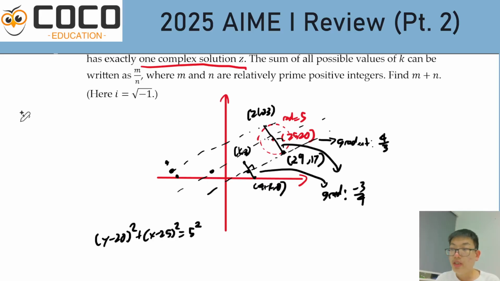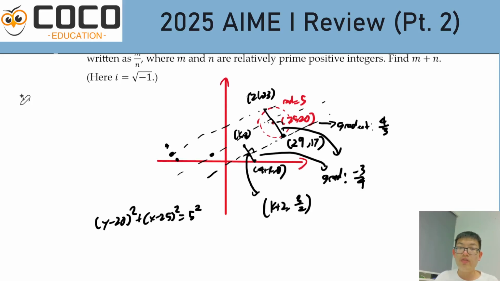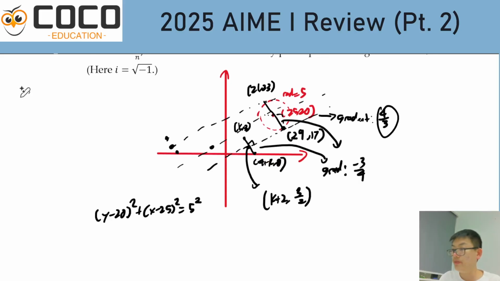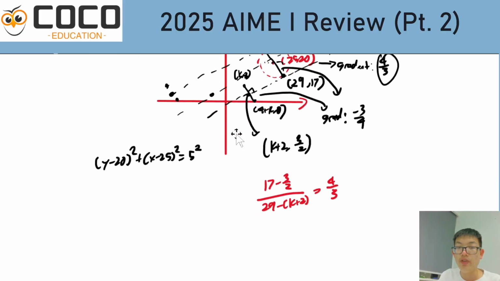The midpoint of this is k plus 2 and 3 over 2. And so I can just, for both of these, solve for the value of k. That gives me a gradient of 4 over 3. This is on one side, and then on the other side, instead of 29, 17, you have 21, 23.